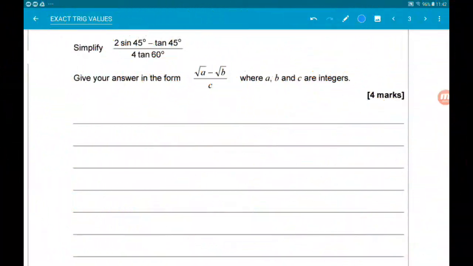Okay, next up we want to simplify 2 sine 45 minus tan 45 over 4 tan 60, giving our answer in the form root a minus root b over c, where a, b and c are integers. Okay, so in the form they want it, there is no trig, so we need to convert all the trig terms into their exact values.